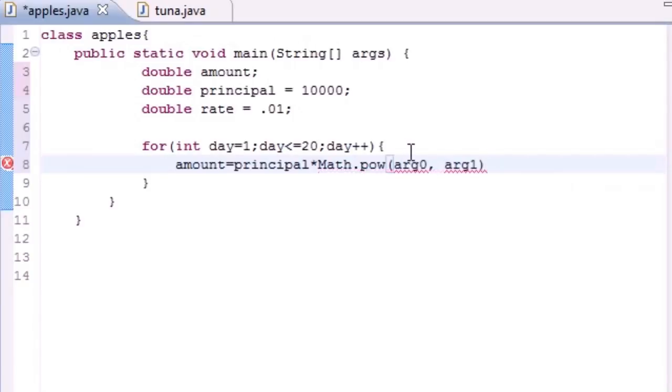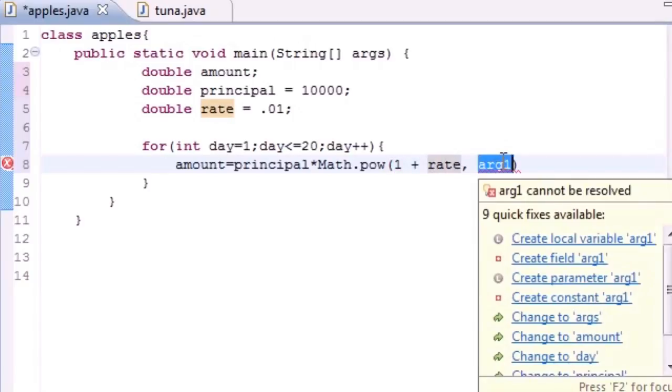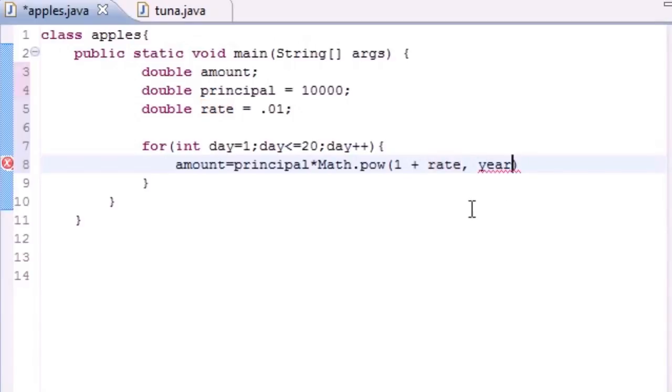The first thing, what's in the parentheses, is 1 plus rate. And what do you want to give the exponent? Year, or let's see what it was, day actually. So now amount equals principal, which is 10,000, times 1 plus 0.01 to the power of day, and that day is going to loop.